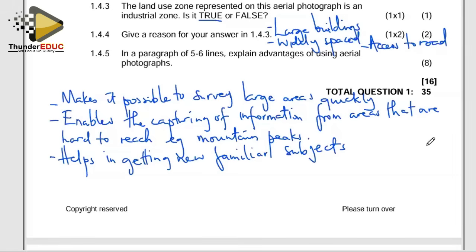Then we can also argue that it's advantageous because it saves time and money.